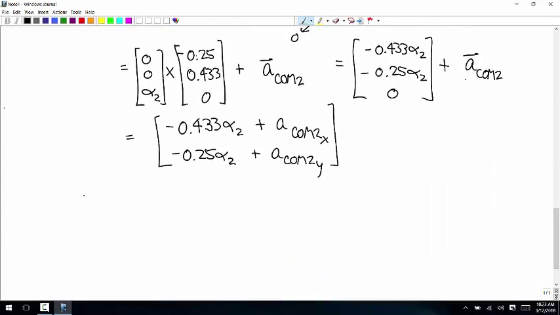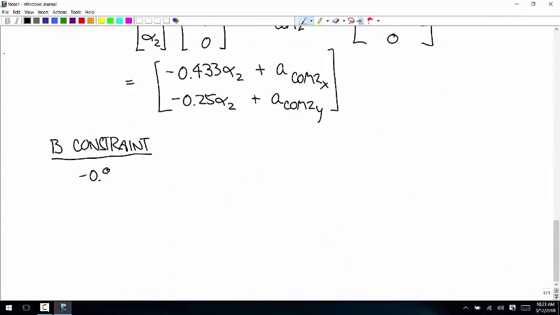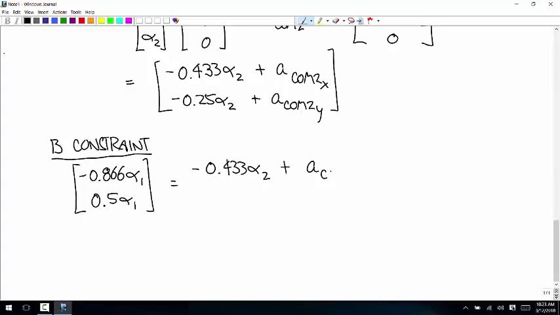So for our constraint, let's think of it as the joint B constraint, we have negative 0.866 alpha 1, positive 0.5 alpha 1 is equal to negative 0.433 alpha 2 plus the center of mass of 2 x, and then negative 0.25 alpha 2 plus the center of mass of 2 y component.